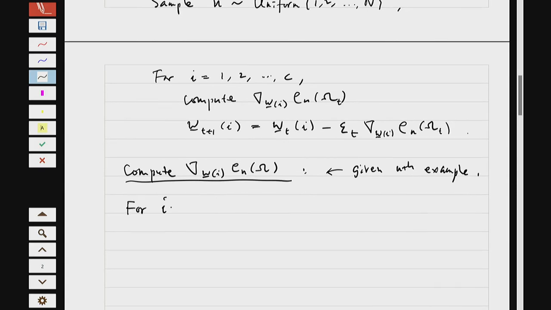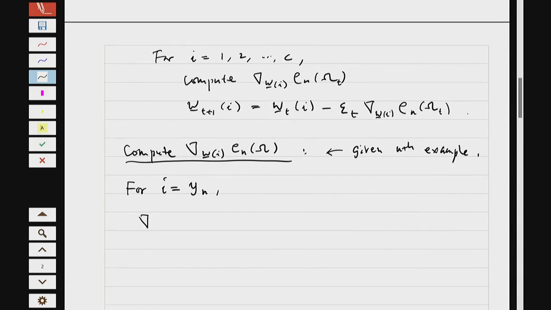If the i that you take here is equal to y_n, for this particular data point you already know what y_n is, then you take this gradient with respect to w_i of E_n. By our definition, this is the gradient of minus log of the softmax term for i.